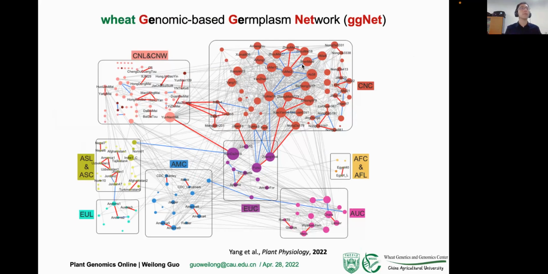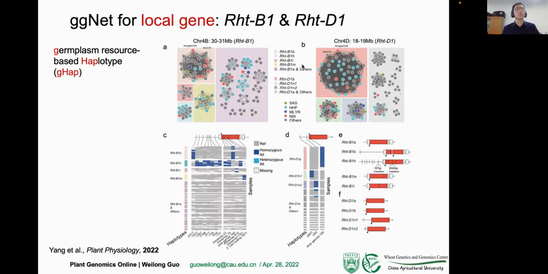gene pool. Moreover, we could also visualize the network for the local region of specific genes, such as the Green Revolution genes RHT-B1 and RHT-D1. We can see clusters of accessions, which correspond to diverse haplotypes at the level of germplasm resource. Thus, we named each cluster a G-hub.